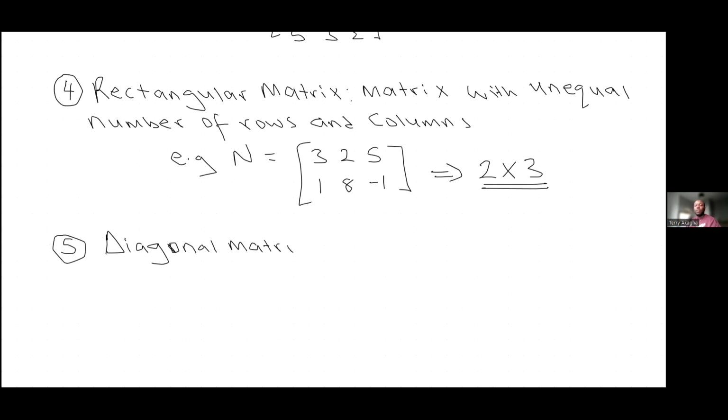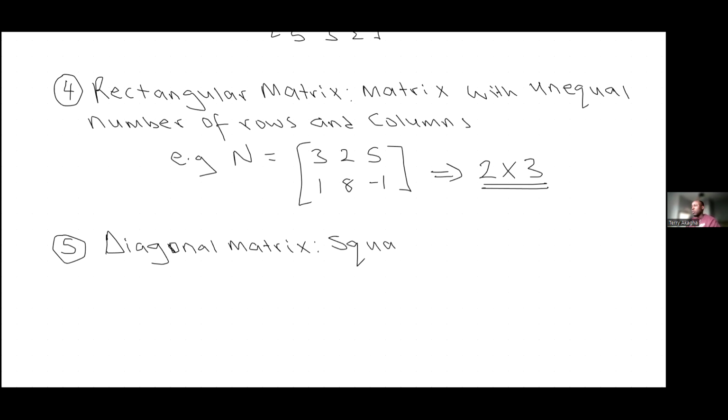So for diagonal matrix, basically a diagonal matrix is a square matrix. So now I'm using the word square matrix because the rows and columns are equal. But this time it is a square matrix where the non-diagonal elements are equal to 0. Okay, so that means any other element outside the leading or the main diagonal is 0. So it's a square matrix. So we've talked about a square matrix already.